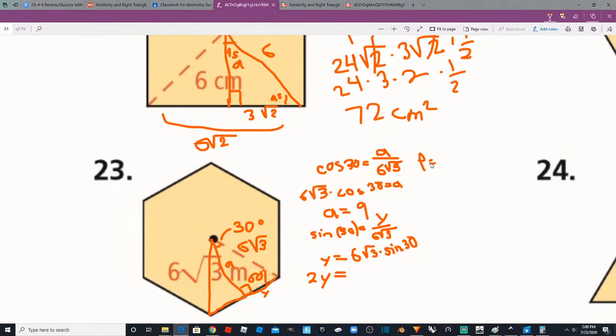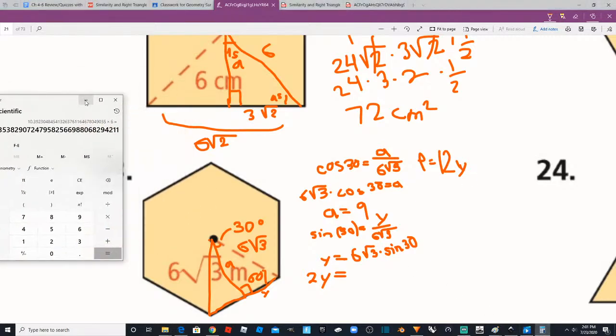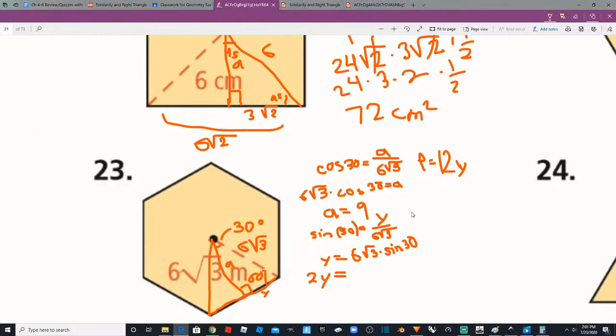Perimeter would be 2y multiplied by 6, which would be 12y. I'm just labeling that as a variable. But the actual decimal answer is this. This is 12y. Okay? And I'm going to keep that to the side because I'm going to do P times A times 1/2 for the area.